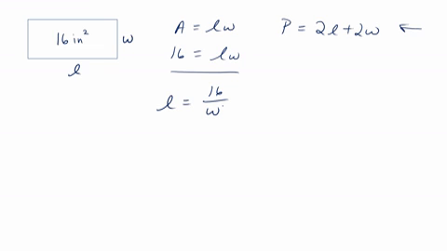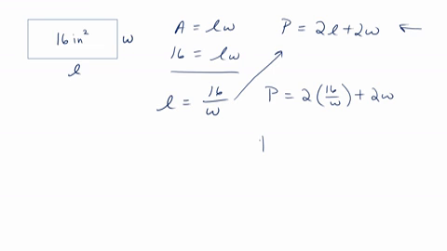We will now substitute that expression for L into the perimeter equation. So now perimeter P is equal to 2 times L, where L is 16 over W, plus 2 times W. So now we have a function in terms of W that gives us perimeter. Let's clean this up.